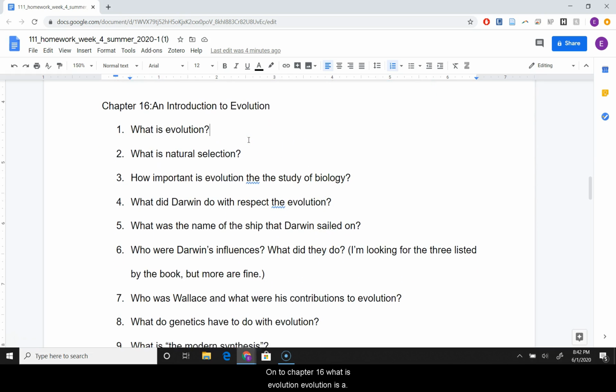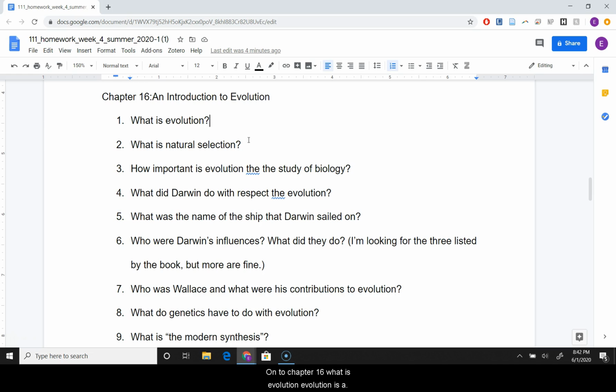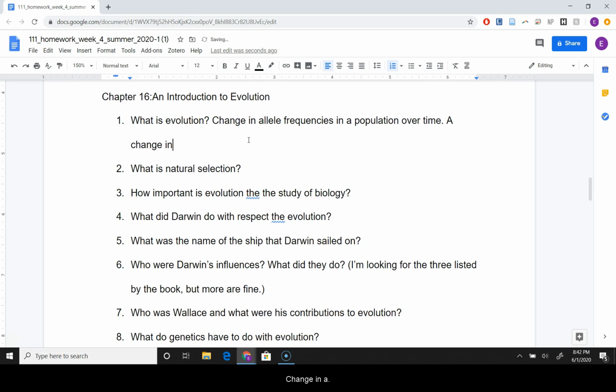On to chapter 16. What is evolution? Evolution is a change in allele frequencies in a population. Change in allele frequencies, thank you Google, in a population over time. Or you could think of it as just being a change in a population over time.